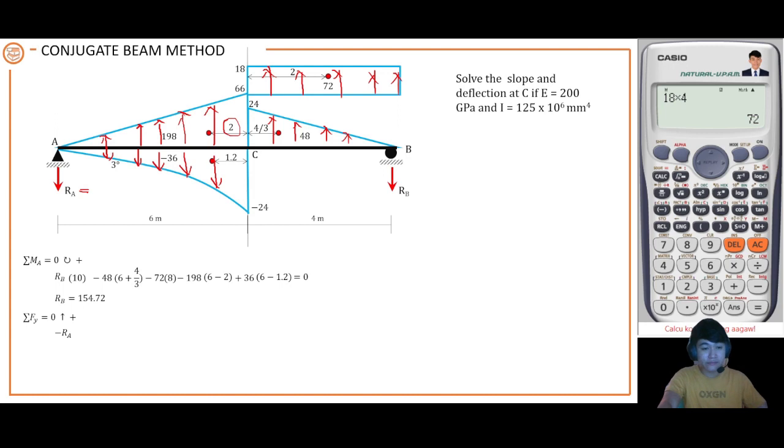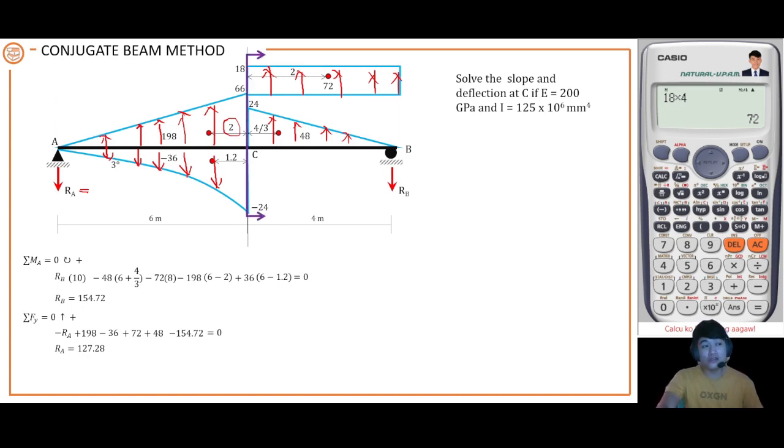So summing forces vertical, we have negative RA plus 198, the vertical forces, the resultant of your load, and then minus 36 plus 72 plus 48, and then minus RB, which is 154.72. So RA is 127.78.